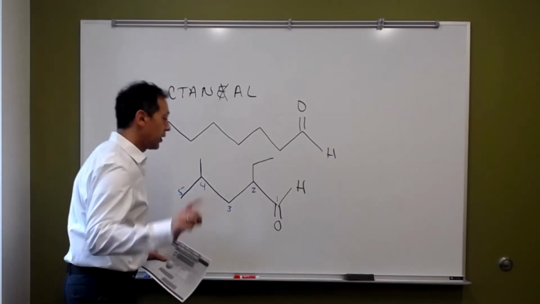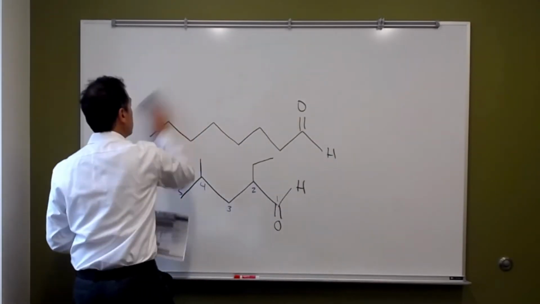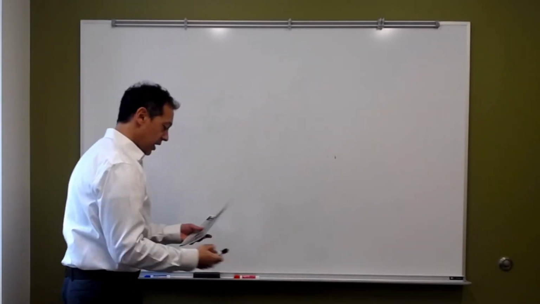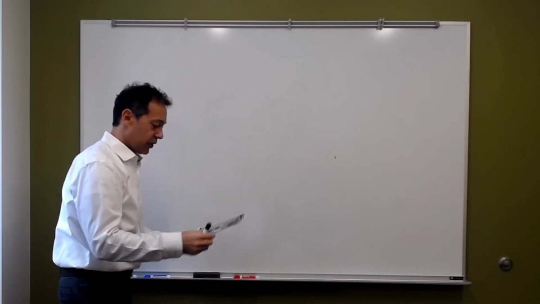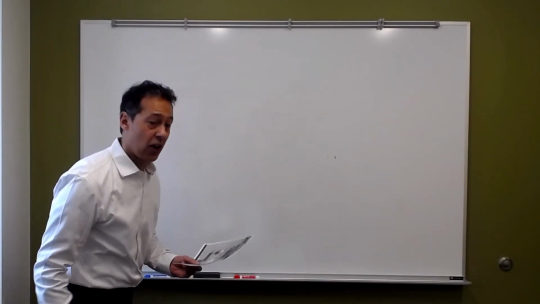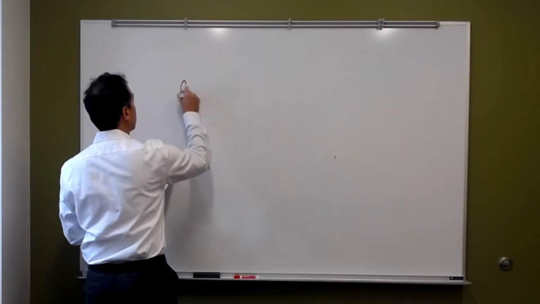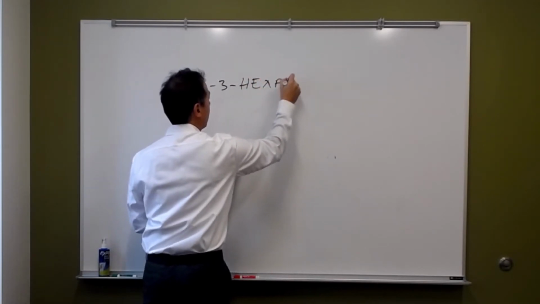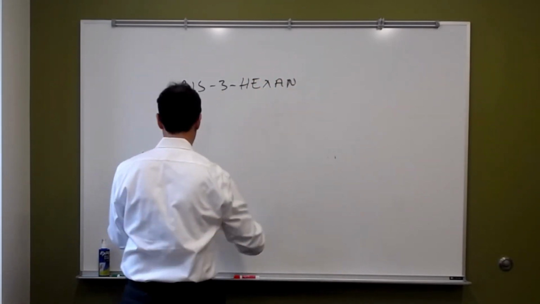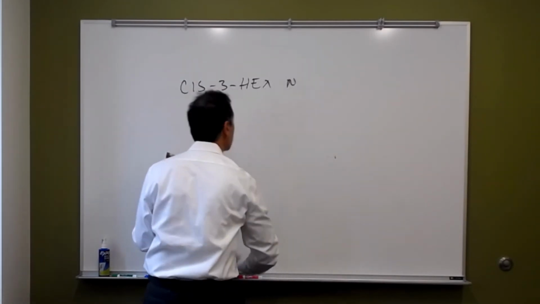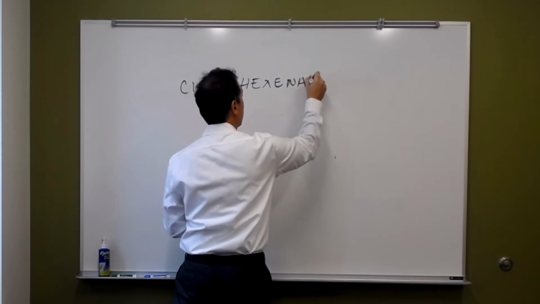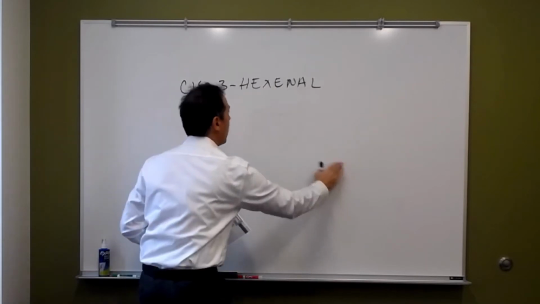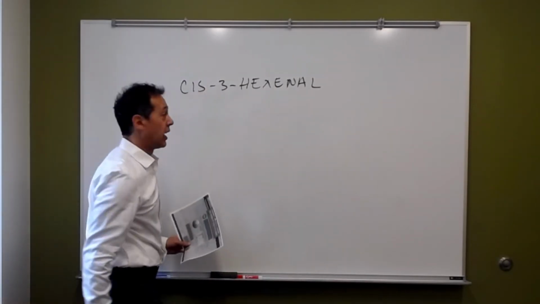Another aldehyde is cis-3-hexenal. Okay, now looking at the name of the molecule, we have Al, so it's an aldehyde.